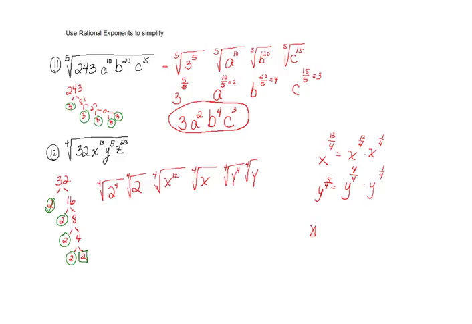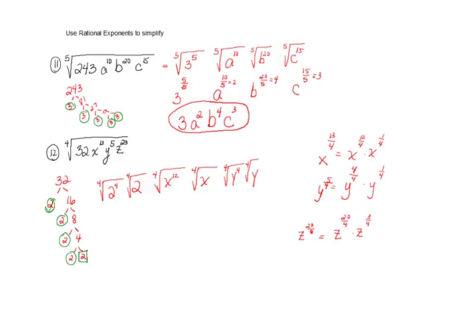The reason I'm doing this, and maybe I wasn't all that clear with it, is I want to simplify this as much as possible. When I'm looking at x to the 13 over 4, I want to take out the highest number divisible by 4 in 13. That's 12, so I've used 12 of them and I have one remaining.